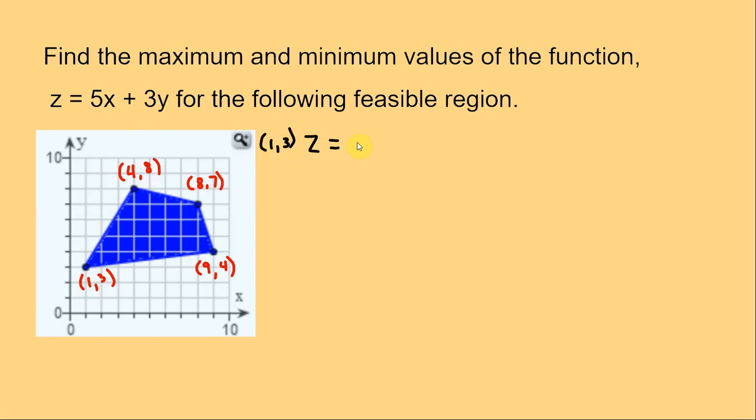If I plug that into the function, z is equal to 5, I'm going to substitute 1 in for x, plus 3, and substitute in 3 for y. And when I simplify that, 5 times 1 is 5, and 3 times 3 is 9, which gives me 14. So that's what I get whenever I plugged in the coordinates of 1, 3.